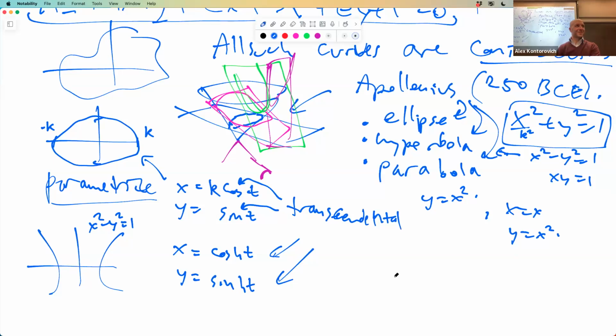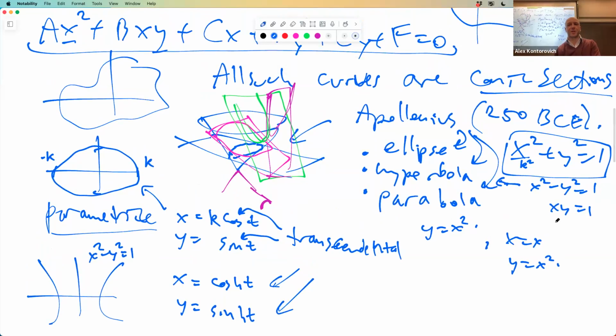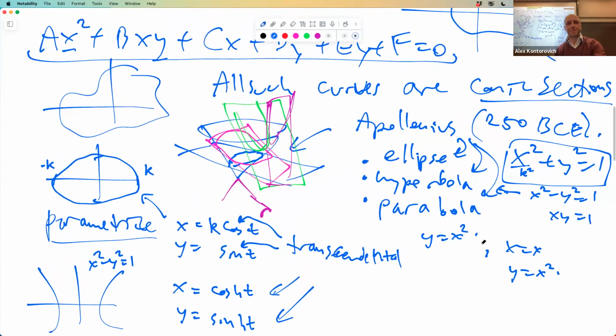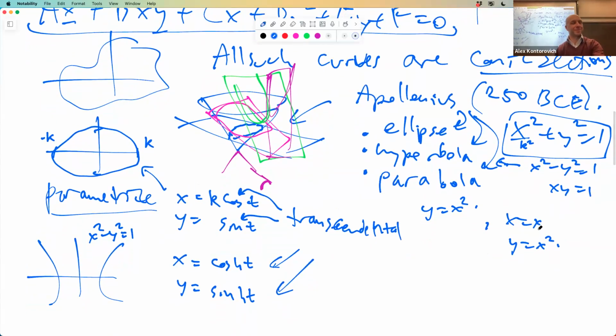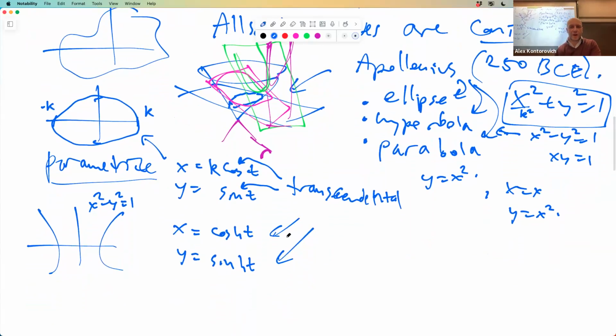But as long as it's irreducible. That's right. As long as it's irreducible, so this xy equals 0 would be the union of two lines, a degenerate hyperbola. Good. We get these funny transcendental functions, and then some funny things happen.